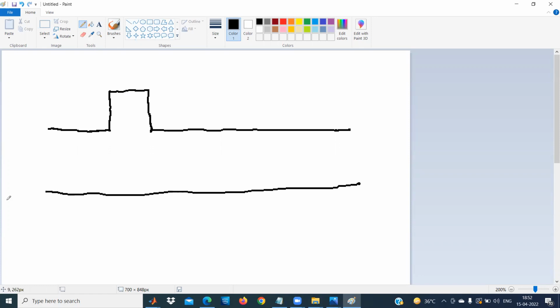It can be a summation of multiple frequencies. One frequency is like this, one frequency is like this, another frequency is like this, and another, and the summation of all these frequencies will be this square wave, right? So if we add these frequencies, then we will get the square wave.